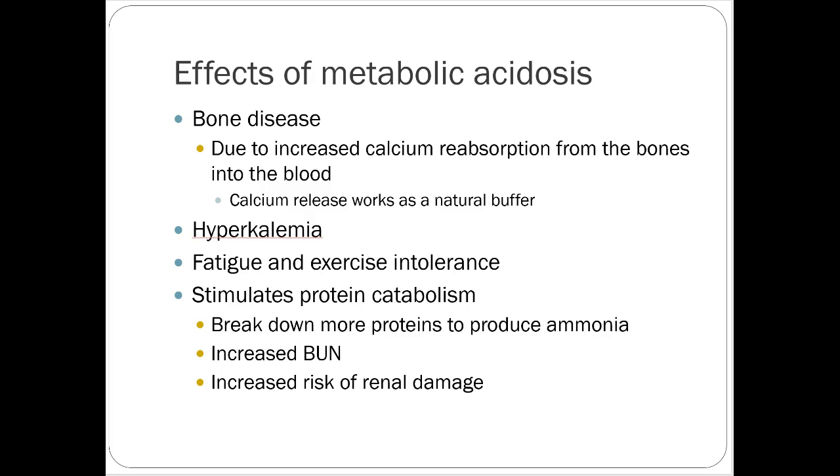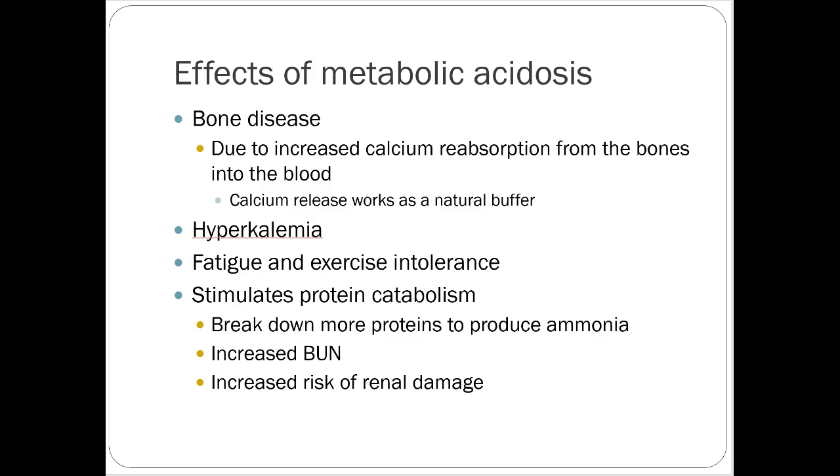As far as the effects of metabolic acidosis, why we care about this: for particular diseases, bone disease, so increased calcium resorption from the bones into the blood will occur as a compensatory mechanism for metabolic acidosis. Releasing calcium from the bones into the serum acts as a natural buffer, and that's fine in the short term, but long term that can cause increases in osteopenia risk and osteoporosis, especially if you have a patient already at risk for those things.